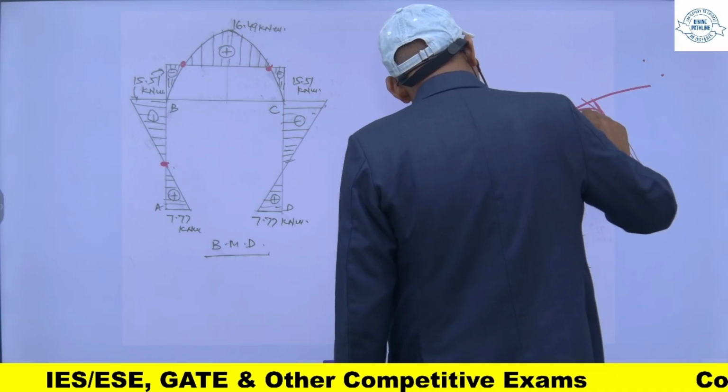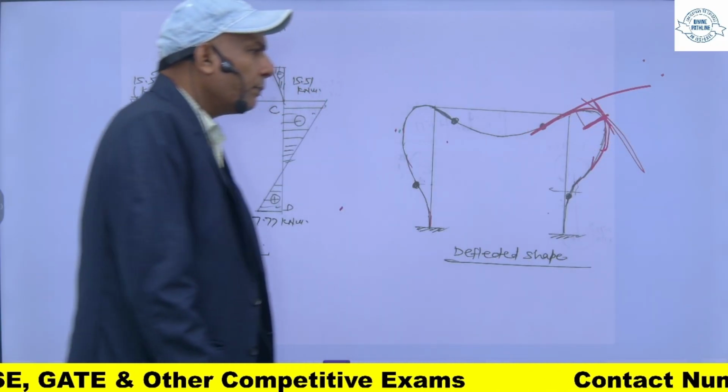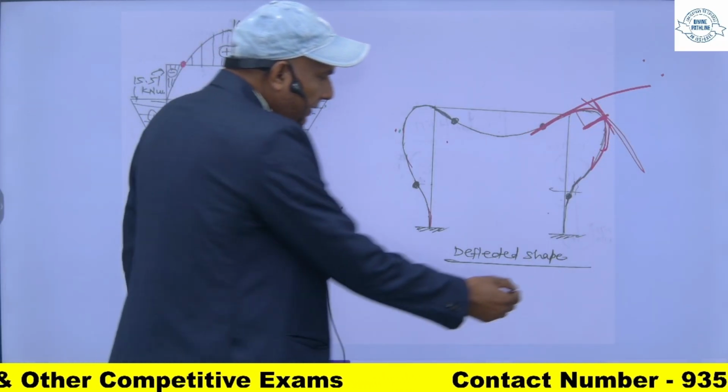So this ये एंगल भी 90 हो जाएगा। So this is my deflected shape now.